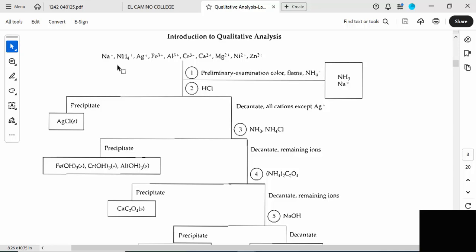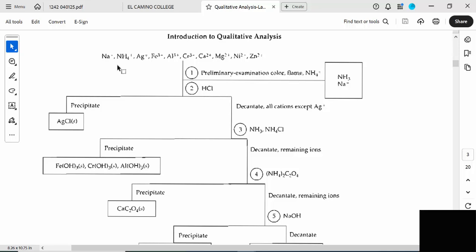And so in order to get a clean separation, the drops depend on the concentration of the HCl. The HCl is 6 molar. So we're using 6 molar HCl. How many drops? I'm going to add as many drops as it takes to get all the precipitate out.